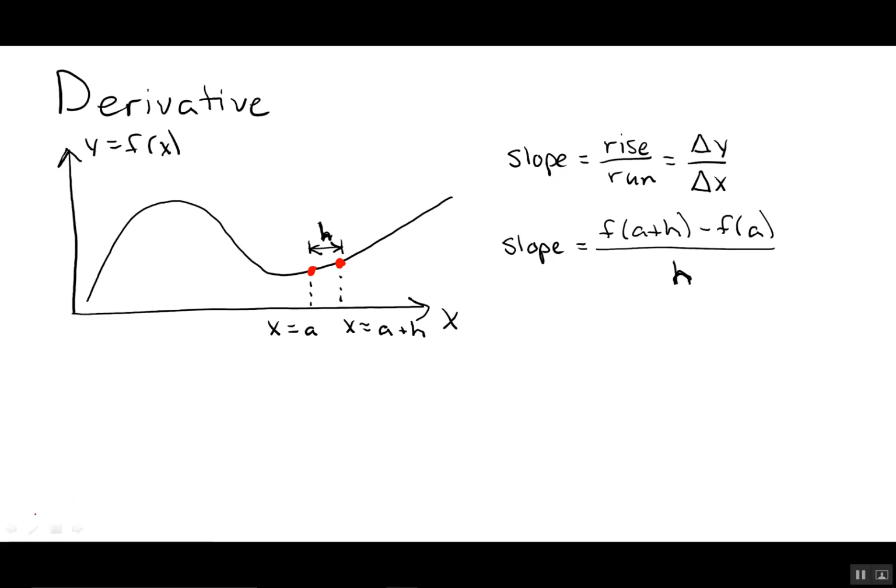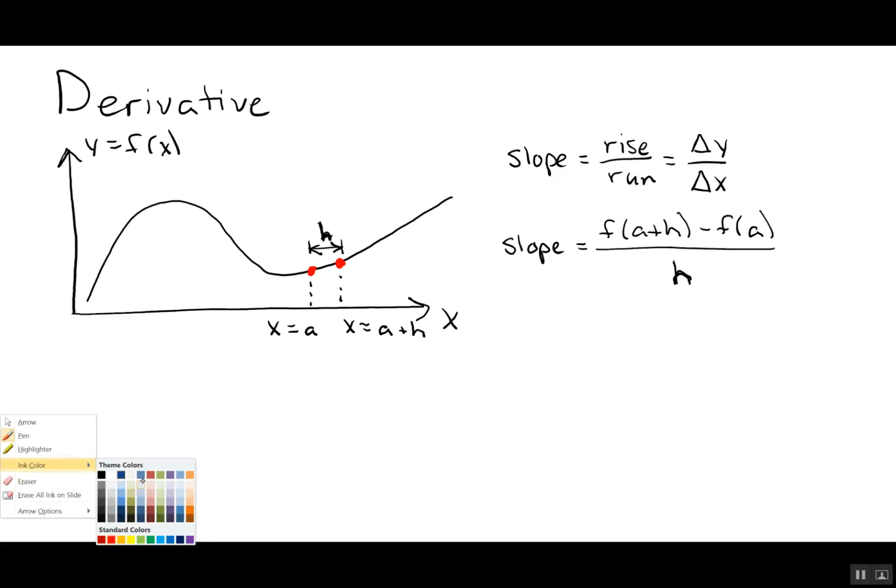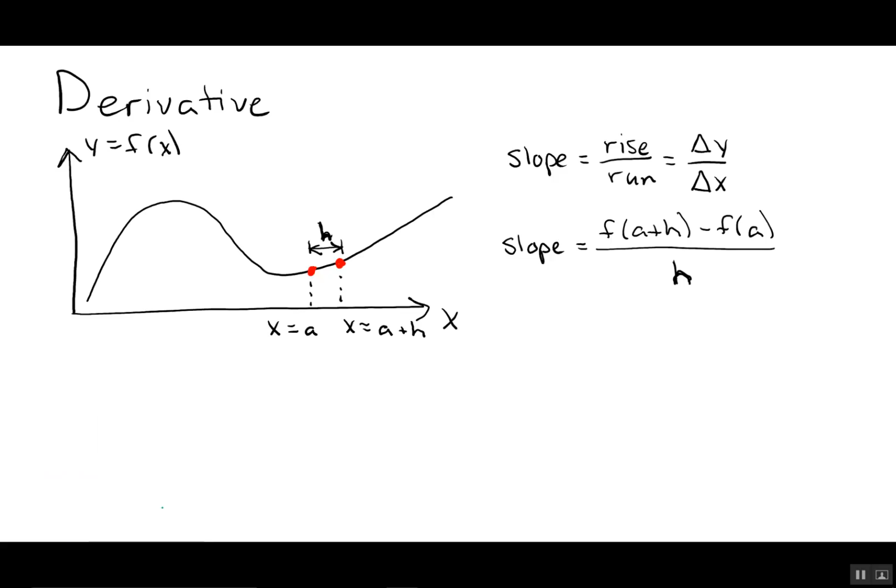But what we'd actually be finding here is not the slope of the black line at the red dot labeled x equals a. What we'd actually be finding is the slope of a straight line that passes through those 2 points.